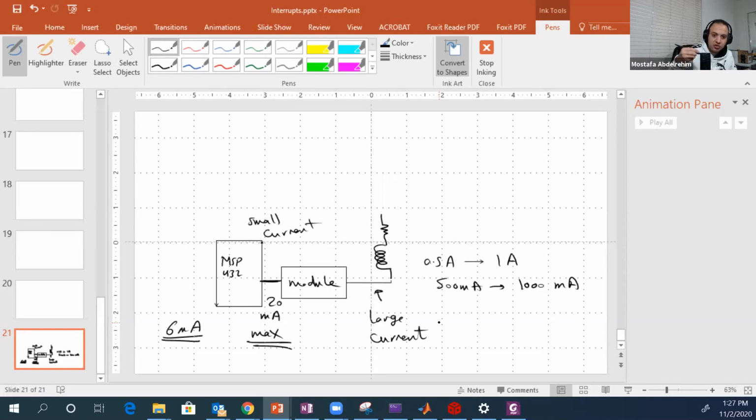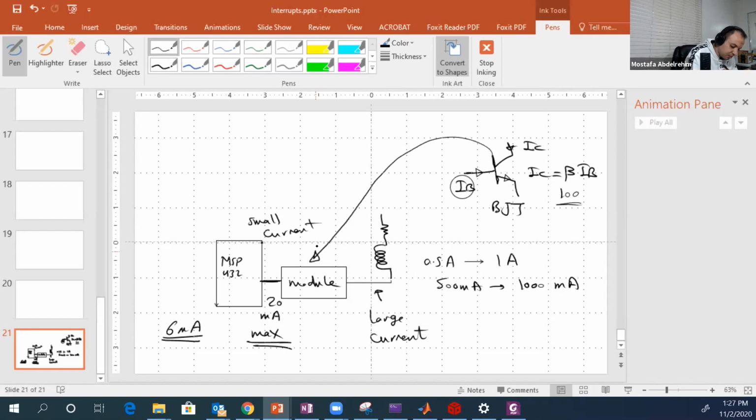For those of you who studied analog circuits, if you have a BJT, a bipolar transistor, you have a current called IB and a current called IC, and IC is equal to beta times IB. If beta is 100, for example, then you could amplify this current by 100 times. So this module can be a transistor circuit.